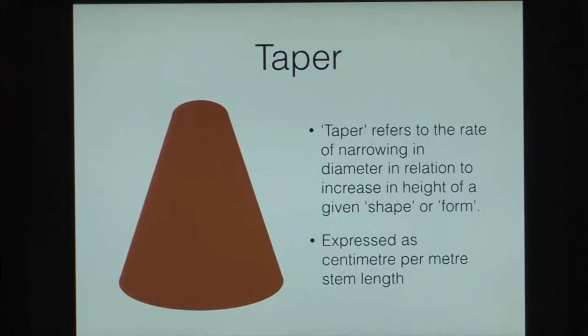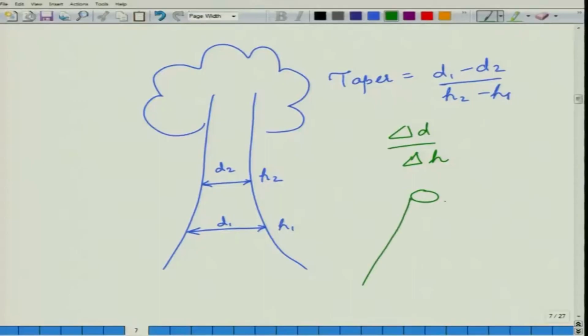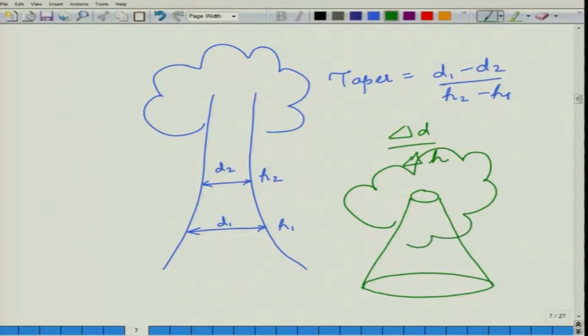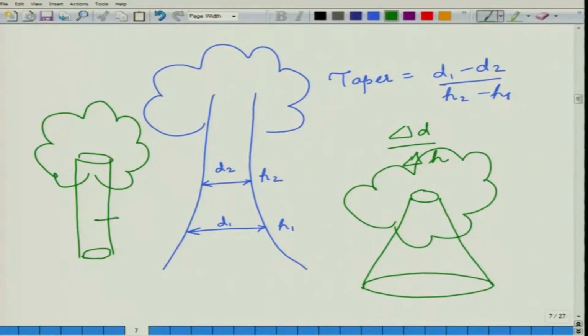So, for instance, if you had a taper like this, the tree would resemble a cone. But if you had a very low taper, something like this with taper nearly equal to 0, your tree main stem would become a cylinder. In this case, it is conical.